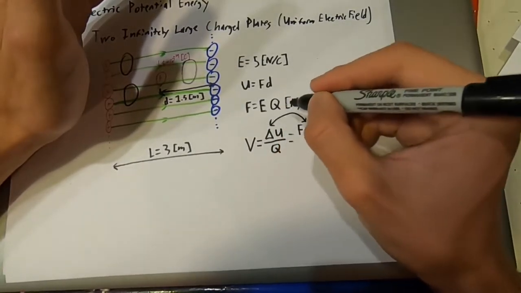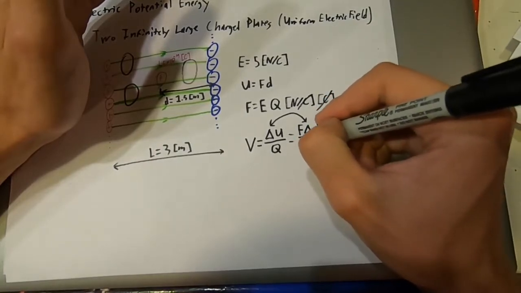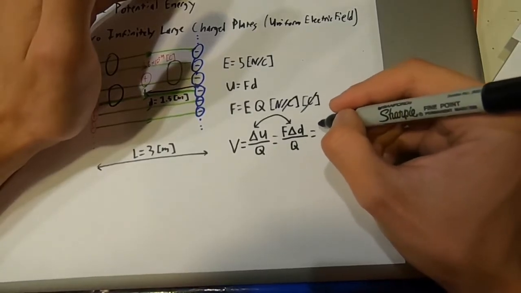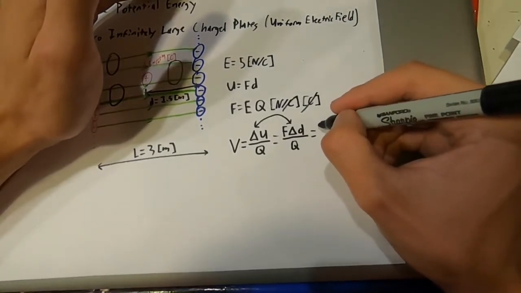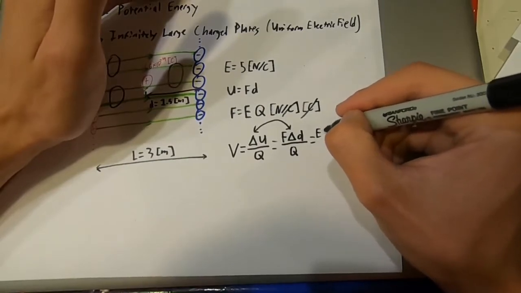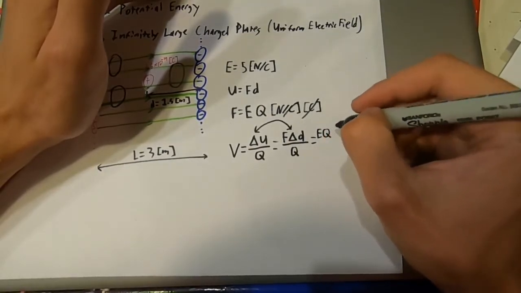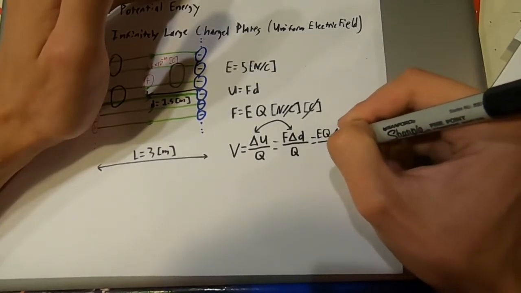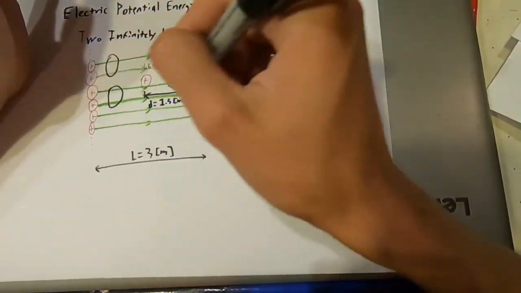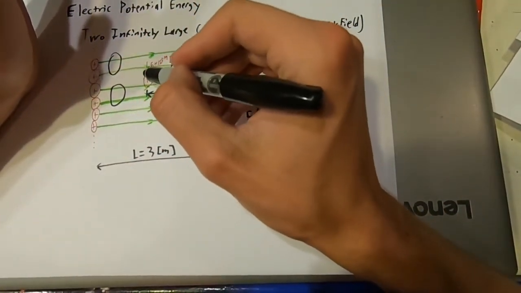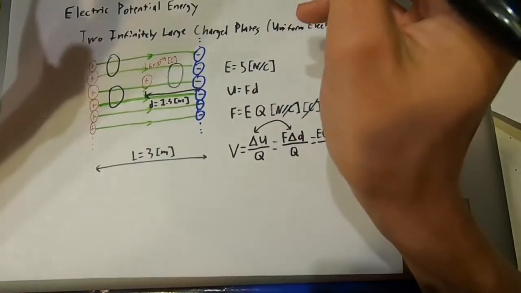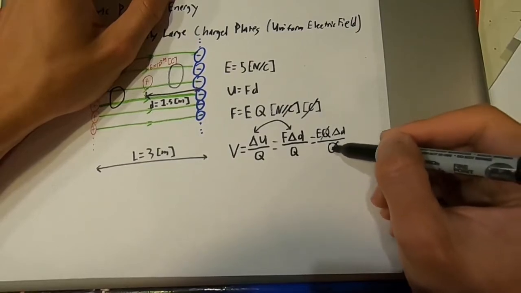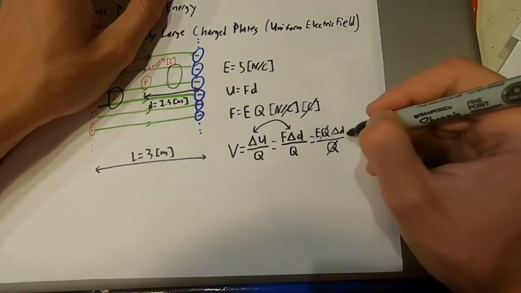So that's where that change goes, over Q, which is going to be equal to E Q delta D over Q. So the voltage in this situation, whatever our charge is here, doesn't matter as far as voltage is concerned, because these Q's here are going to cancel.